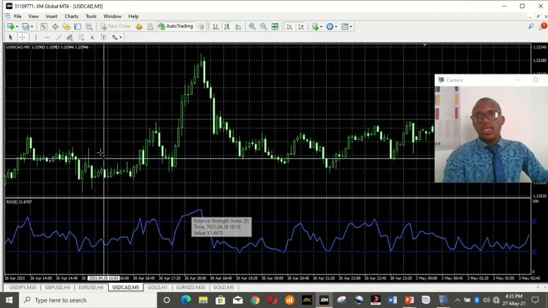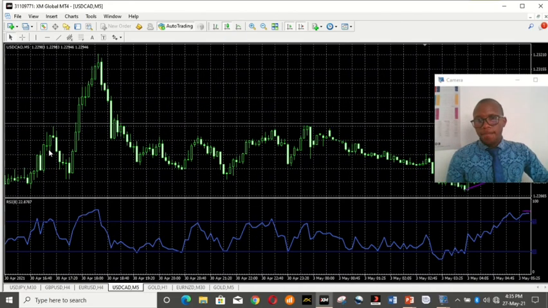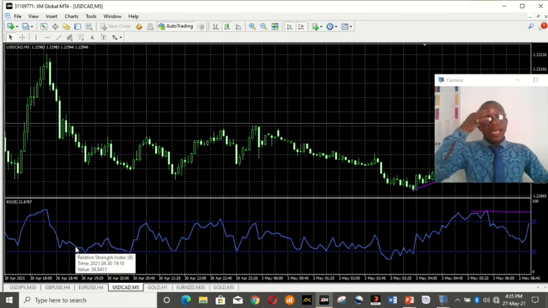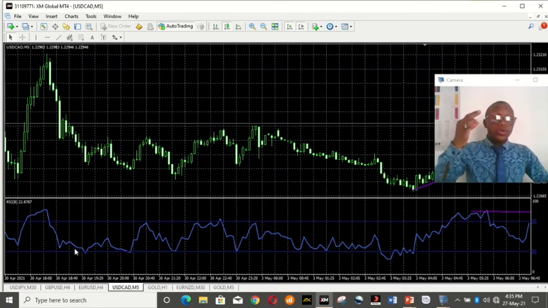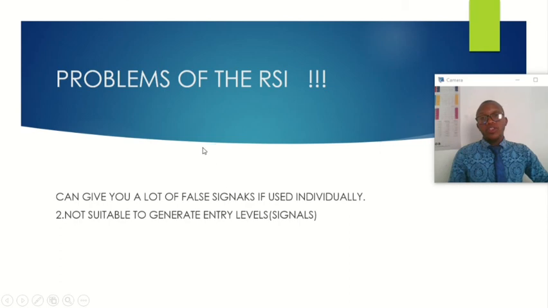You see, it's not good at all. So, ladies and gentlemen, now you can spot the difference and use the RSI to maximize your profits.